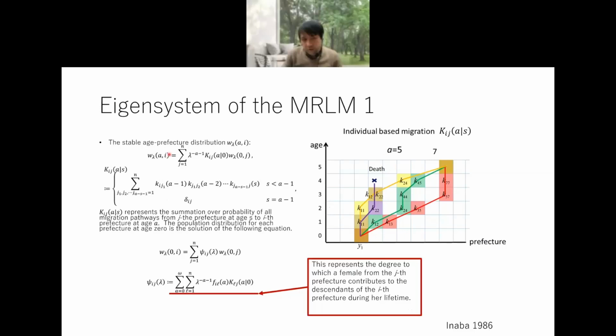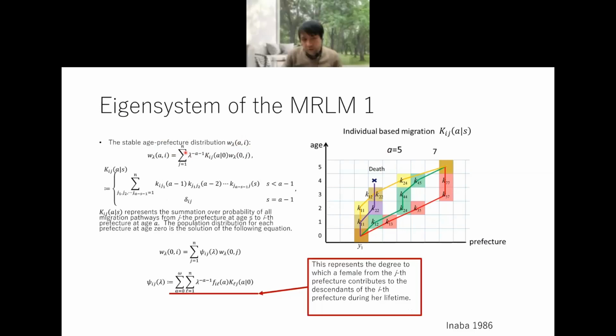This is the eigensystem of the multi-regional Leslie matrix. The stable age prefecture distribution W, where lambda is the eigenvalue, is given by this equation.